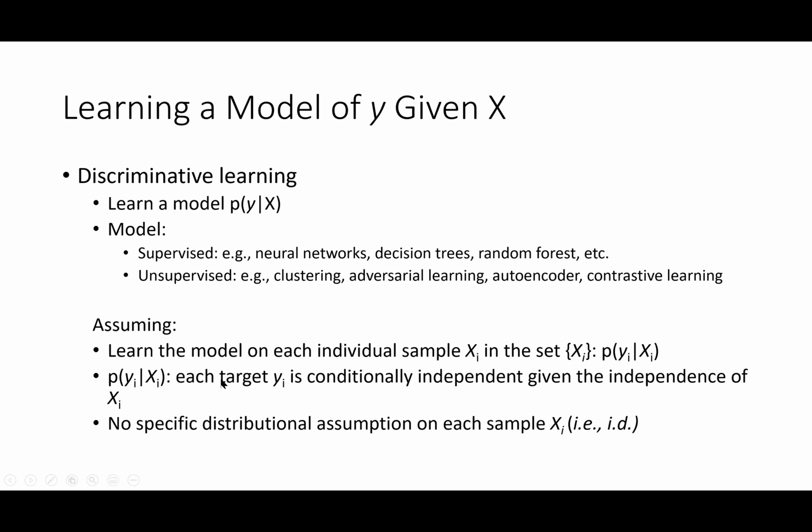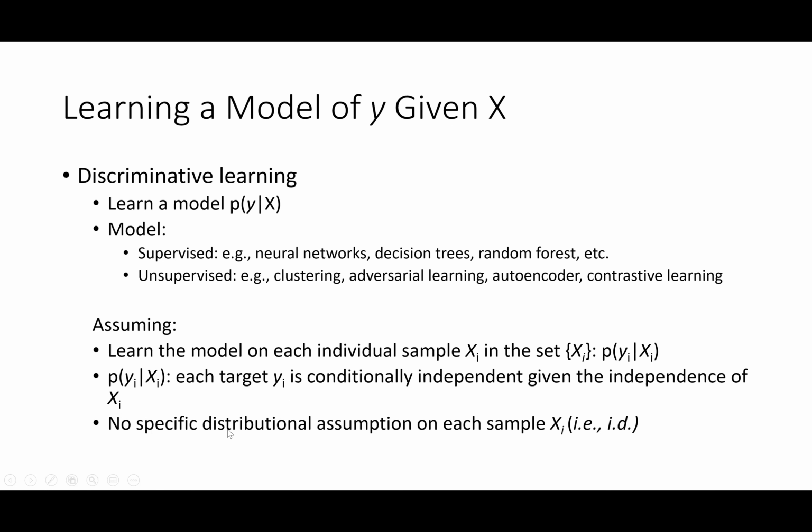So when we do this, the basic assumption is that our task is to learn the model on each individual sample xi in the whole data set, to learn this probability function, or it could be just a learner, right? And to separate yi from yj, right? And for each target yi, we assume the target yi is conditionally independent, given the independence of xi, right? So that's the assumption we typically have.